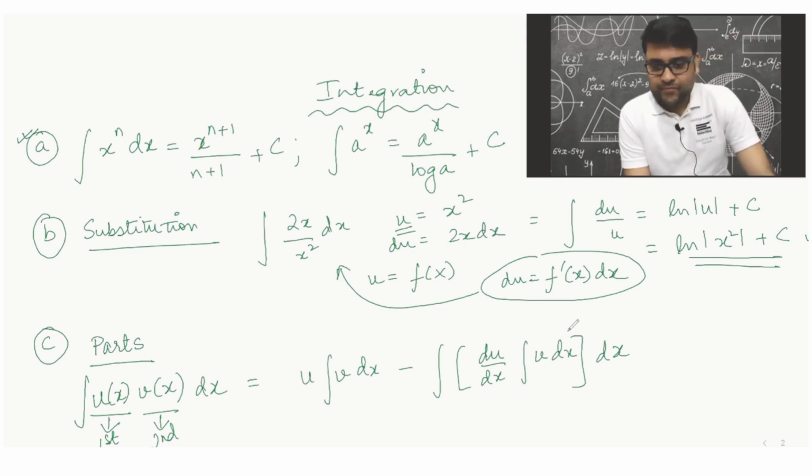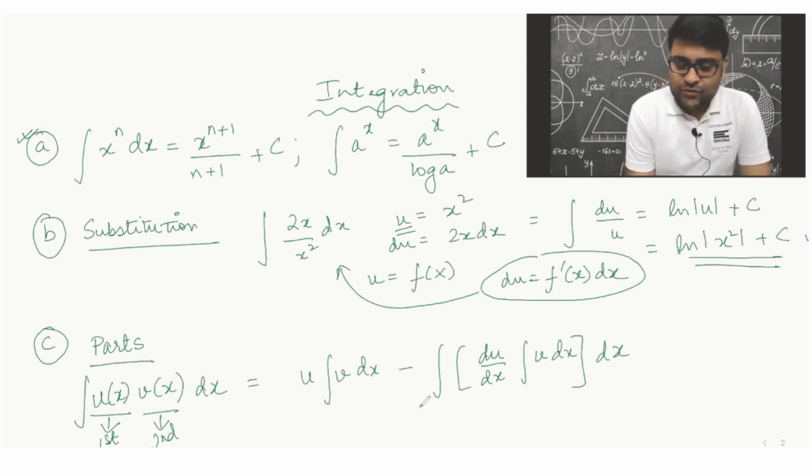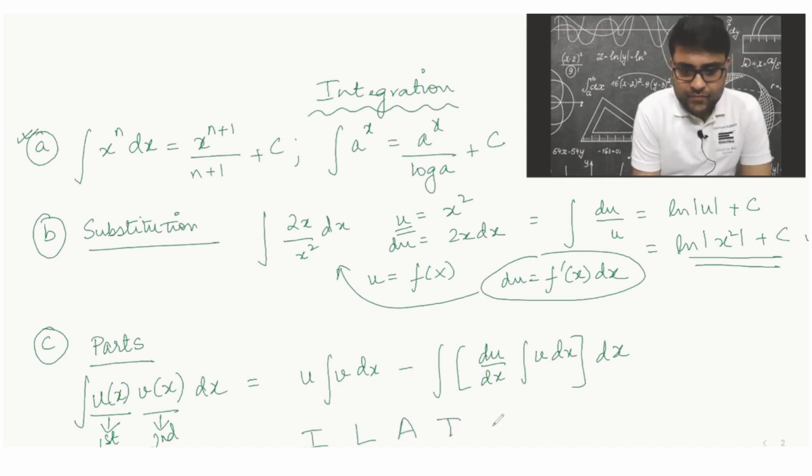Right? So how to choose the first and the second function? We have a guideline called ILATE, where I stands for inverse, L stands for logarithm, A stands for algebraic function, T stands for trigonometric function, E stands for exponential function.